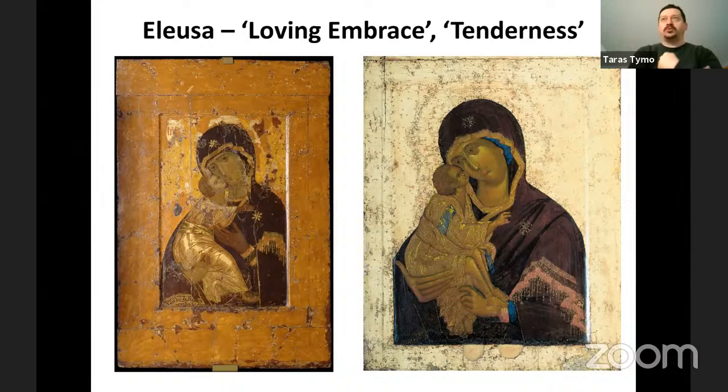eagerness of God to become human in order to save humanity. God wants to be joined to human nature. He wants to become human, and the humanity is symbolized by Mary, and God is obviously represented by the child Jesus. And this cheek-to-cheek contact is symbolizing the depth of the unity.